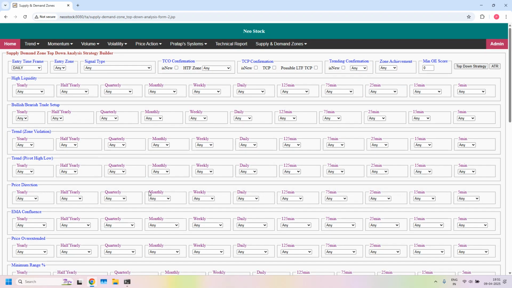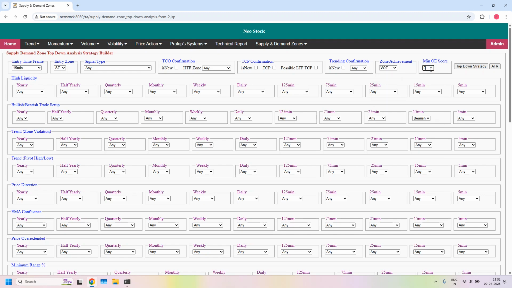Next, the bearish trade setup for daily income trade. Entry time frame is 15 minutes. Entry zone is supply zone. In bullish or bearish trade setup, at 15 minutes time frame, I am selecting bearish, and zone achievement violated opposing zone.